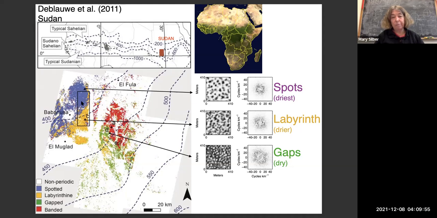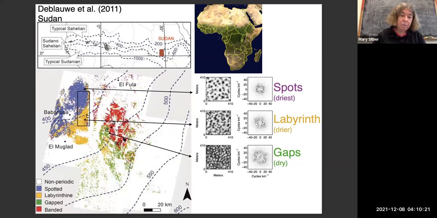And indeed, what they find is that if you go from the wetter region to the drier region, you go from these gapped patterns to the labyrinthine to the spotted pattern. So that's some evidence that the models are doing something reasonable. They're highly conceptual models, but they seem to always give the same story, the variety of them.